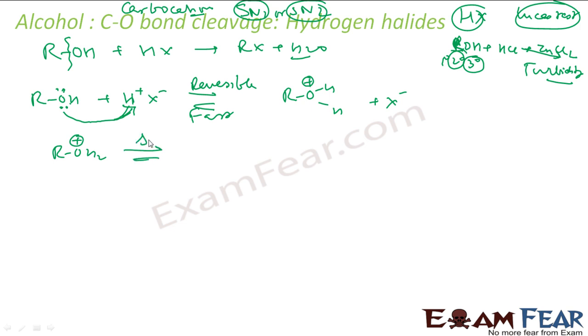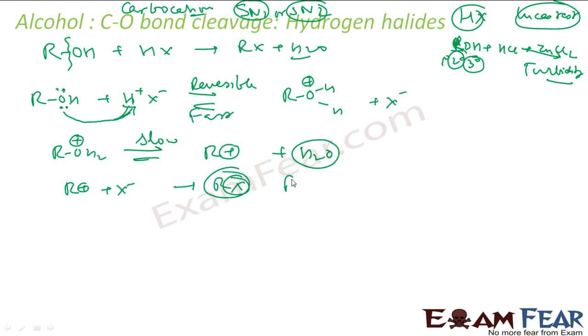It is a slow process now. You get R plus and H2O. Now you got R plus, it is an SN1 reaction. So R plus now will react with X minus. So it will give you RX. Correct. So it is a nucleophilic substitution reaction.